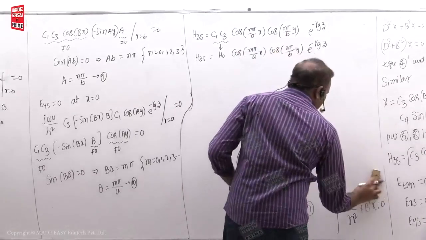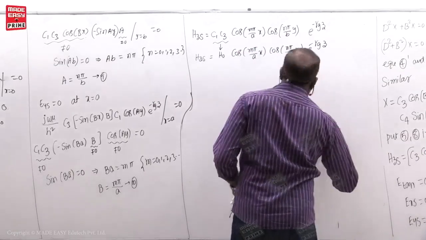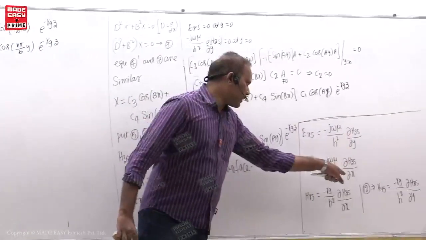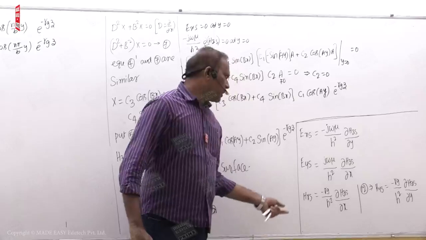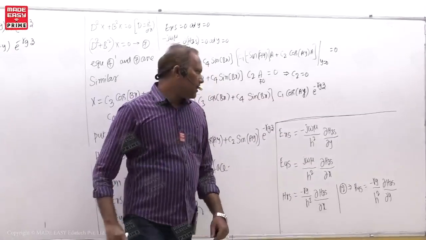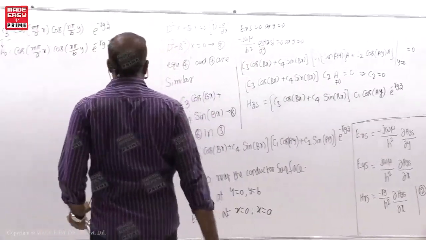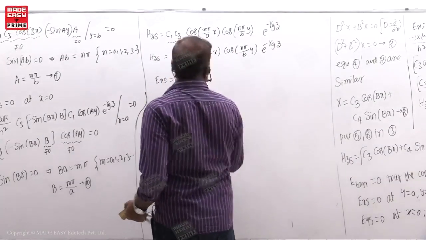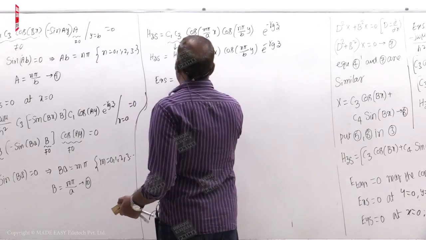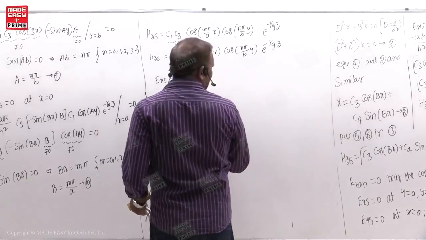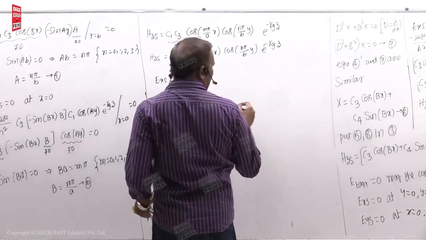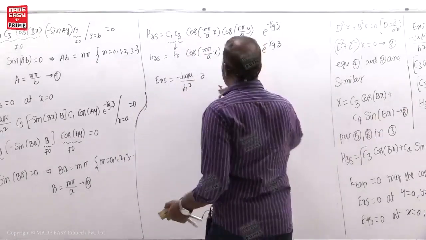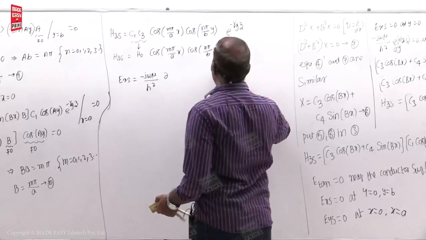Okay. Now if you substitute this Hzs in these equations, you get the solution of them. So for example, Exs is equal to minus of jωμ divided by h² and ∂/∂y of Hzs.